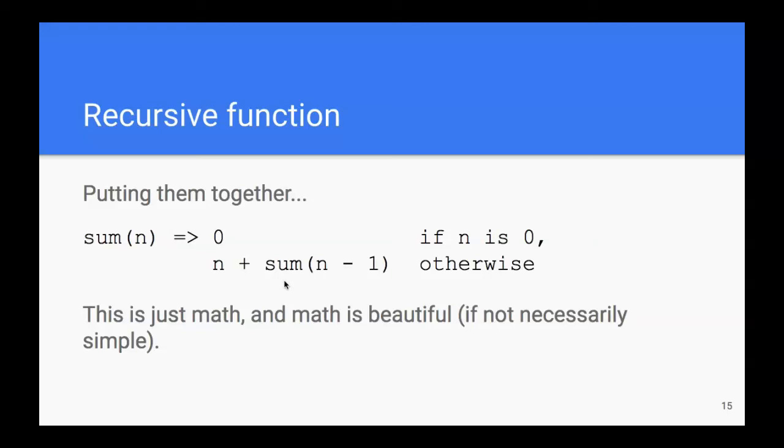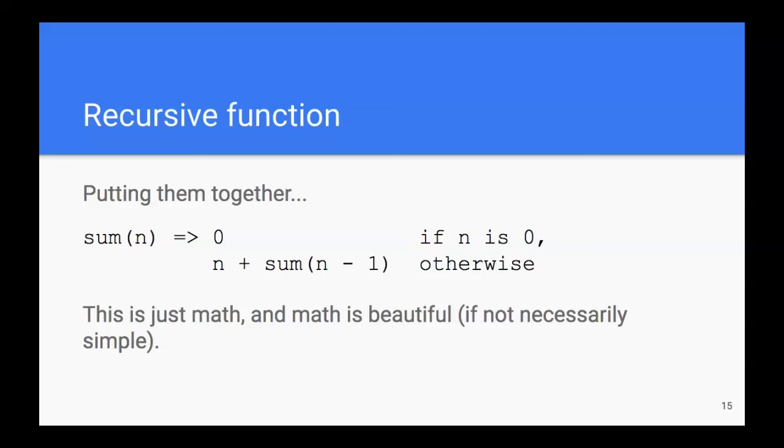And some of you might recognize something like this when you do math. So this is really just a definition of a math formula. And once we decompose things into math, it's great because math is really nice. It's a beautiful language. And it's not necessarily simple, but in this case, it's kind of simple too. But math is just beautiful and elegant.